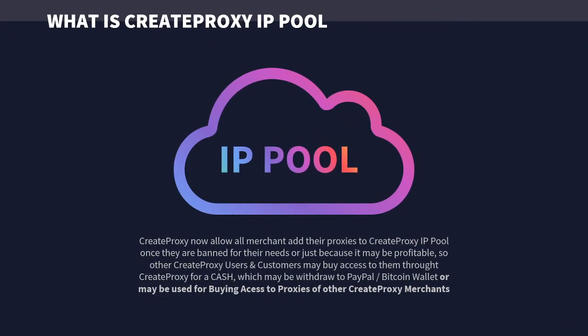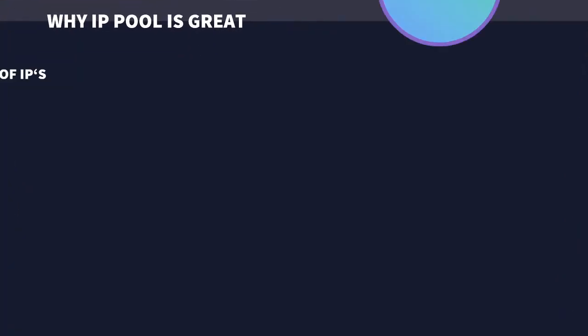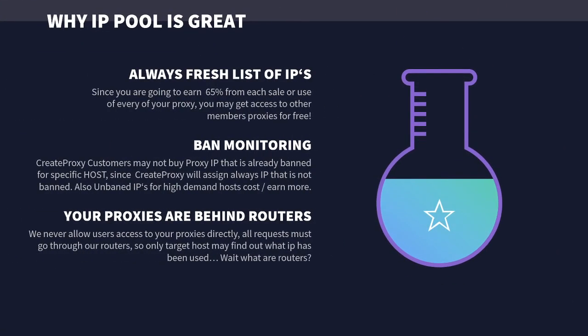You, as an owner of a proxy IP, may add any of your proxy IPs to the IP pool. It is as easy as one click, and then a proxy from your proxy server may be used by other users for different hosts. When another CreateProxy member buys access to your proxy, you will automatically receive 65% of the total price to your CreateProxy balance.